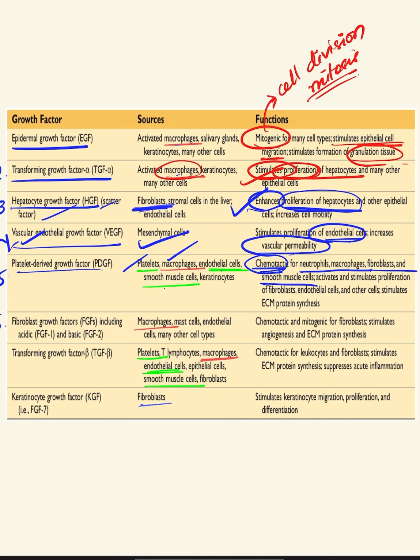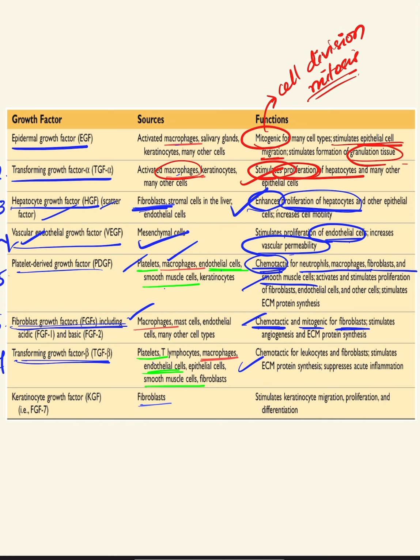The sixth one is fibroblast growth factor, FGFs, commonly produced from macrophages. There are three chemotactics in the table, these three. This is also chemotactic and mitogenic for fibroblasts. Remember fibroblast. The seventh one is transforming growth factor beta, TGF-β. It is also commonly produced from platelets. Macrophages in common.